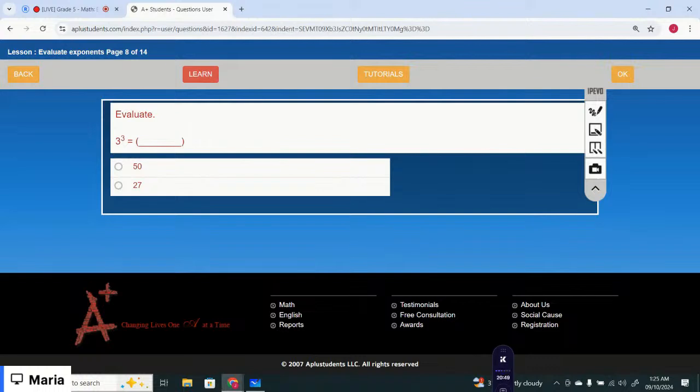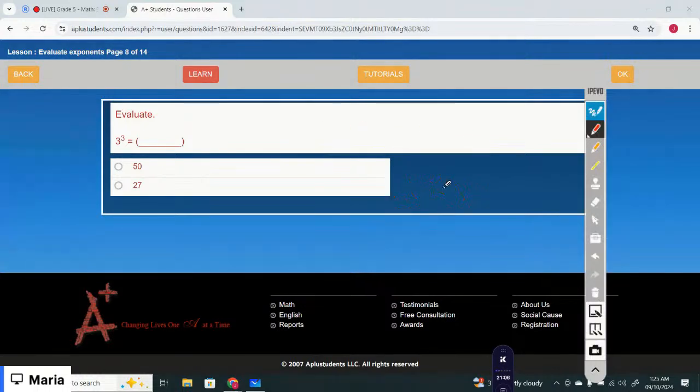3 exponent 3, which is the correct option? 3 exponent 3 means you have to do 3 times 3 times 3. That is 3 times 3 is 9. Then you have to do 9 times 3 is 27.